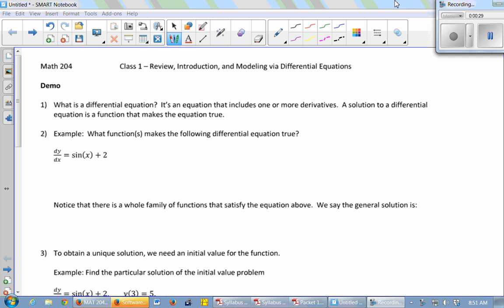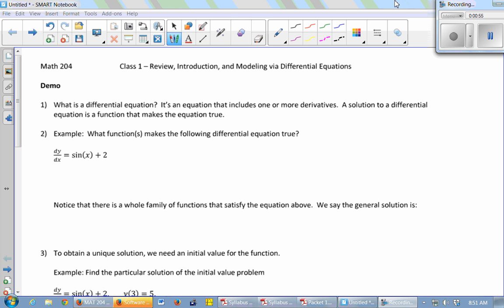Typically, when you've solved equations in your mathematical past, the solution has been a number, right? It's a number that makes the equation true. The solution to a differential equation is a function that makes the equation true. Okay. So for example, what function could make this differential equation true? What function makes it so that its derivative is the sine of x plus 2?